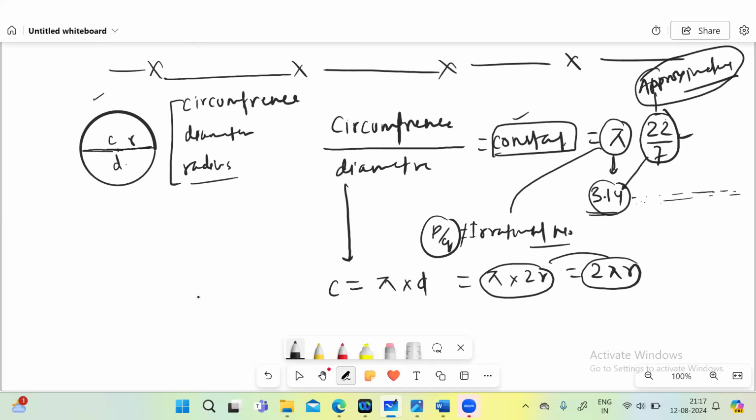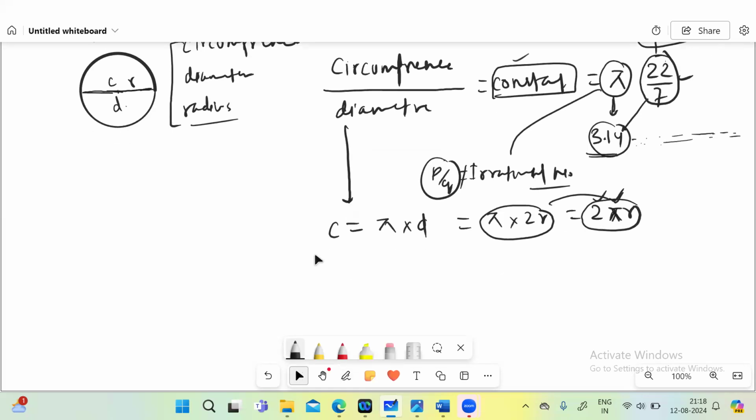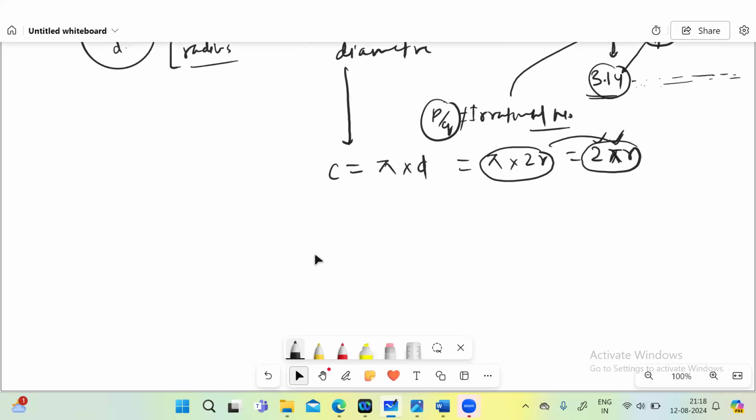This is a general practice of writing: we write the numbers first, then the constant part represented as a symbol second, and then the variable. Here r is a variable which will change from circle to circle. With this formula, you can calculate the circumference if radius is given, or radius if circumference is given.